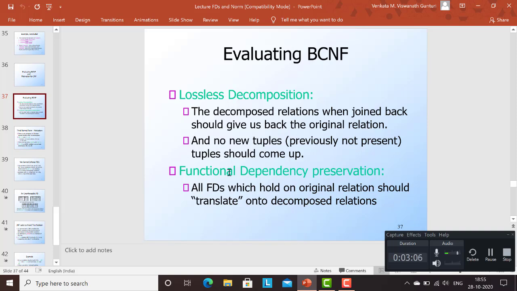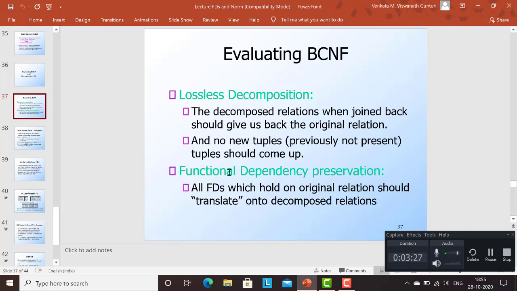And the second one being functional dependency preservation. So in functional dependency preservation, the requirement is that all the FDs which hold on the original relation should somehow translate onto some equivalent FDs on the decomposed relations, right?